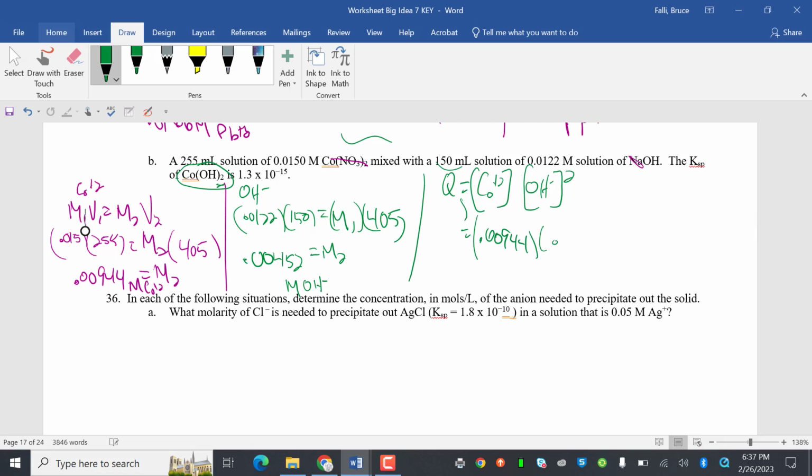So that's going to be 0.00452 squared times 0.00944, which equals 1.93 E negative 7. And what is K? Still 10 to the negative 15th, so Q is bigger than K. So precipitate.